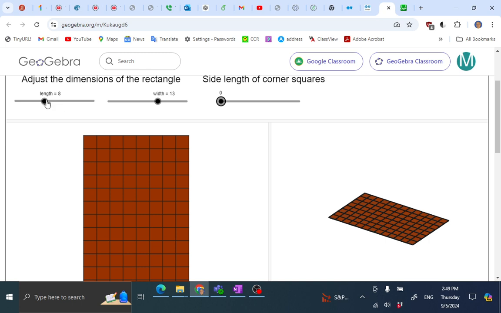You decide on the length and the width of it, and here you decide how much to cut from each corner. So suppose I want to cut squares of size 2. Let me correct myself.